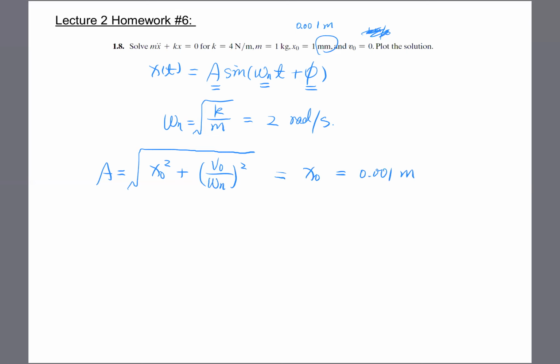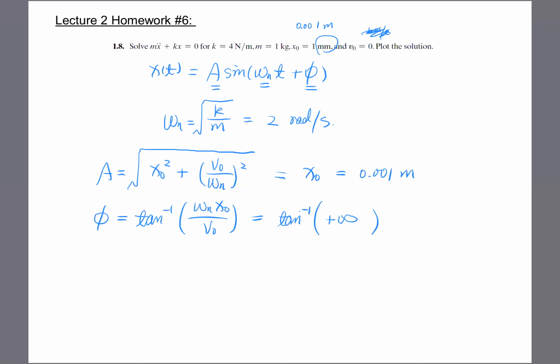And then the phase lag, if you go to your notes on page 2, should be the inverse tangent of omega n X naught over V naught. Something special here is that what's inside this bracket is actually infinite, and it's positive infinite.